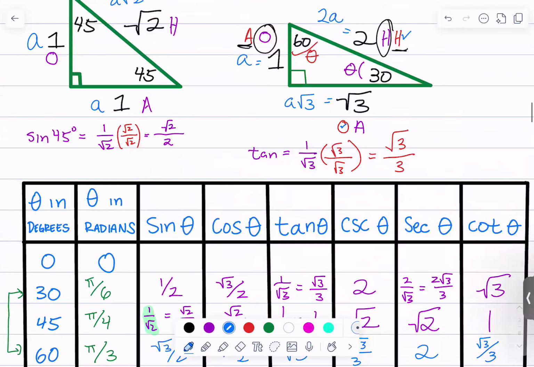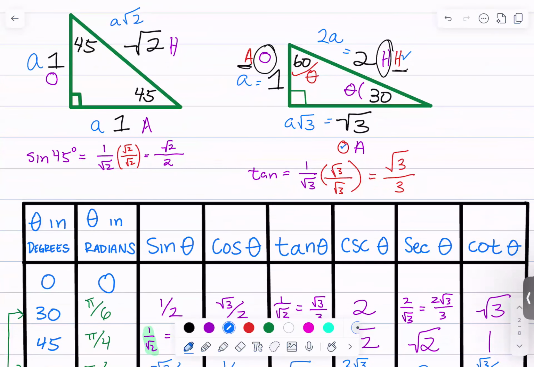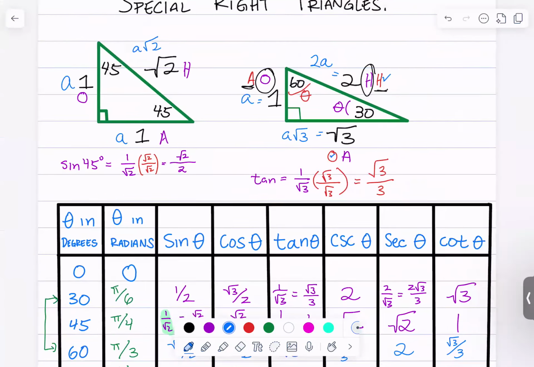Because the opposite and adjacent flopped, they swapped. The sine changes with the cosine, and the cotangent changes with the tangent. Okay? And I'm trying to bring a new element to your learning of these things, to elevate the ideas that you already know, right?